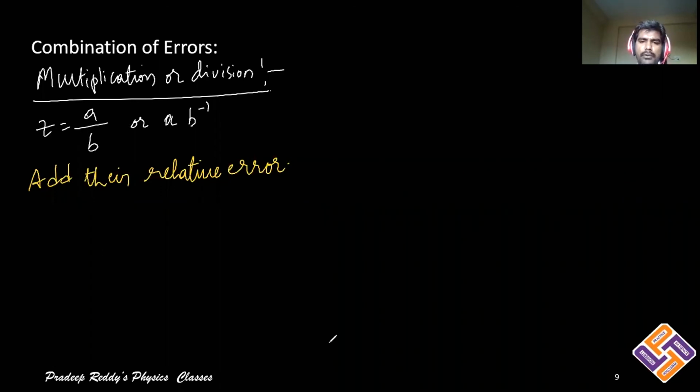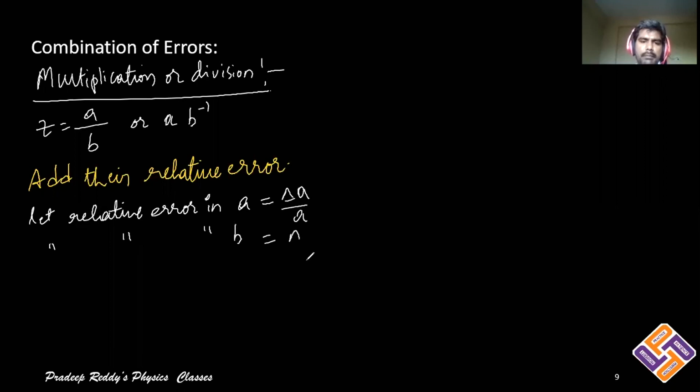Okay, so what I'll do now, let relative error in A be equal to delta A by A. Similarly, relative error in B is equal to delta B by B. Similarly, relative error in Z, how do you write?